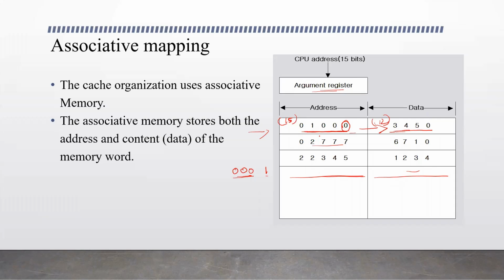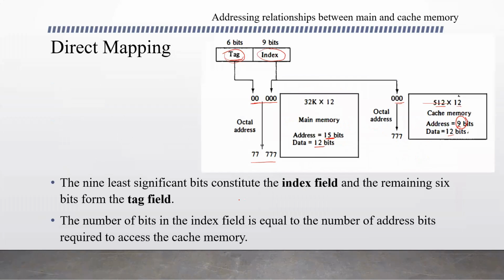When the address matches, the corresponding data is accessed. So here the address is stored as content of cache. This type of mapping from main memory to cache memory is called associative mapping.